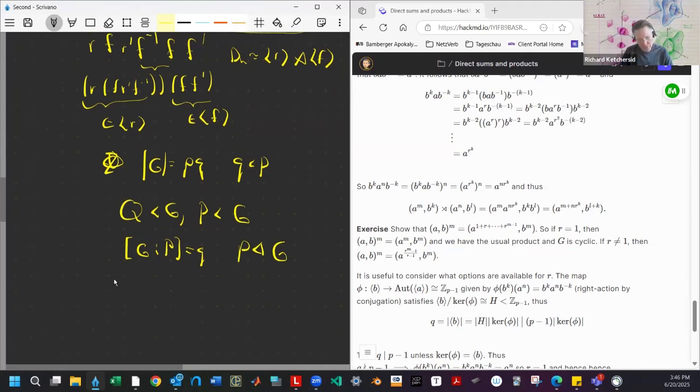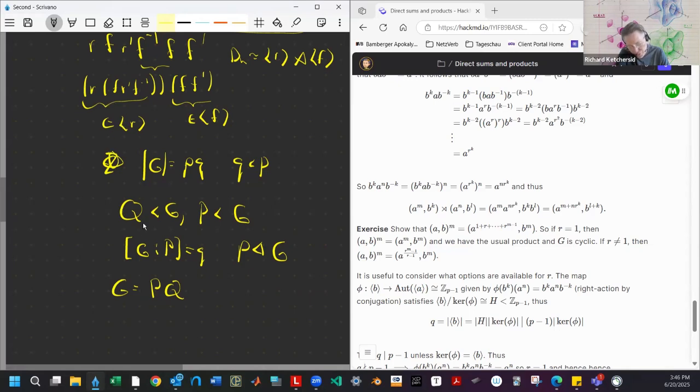We can see that G as a set is equal to, I want to do it in this direction, I guess, PQ, right? Because given the fact these are prime, there will be P times Q many elements of this. There's P times Q many elements of G, right? So these have to be the same as sets, right?